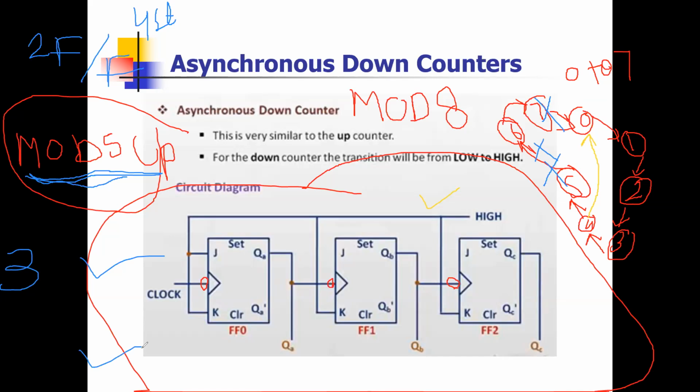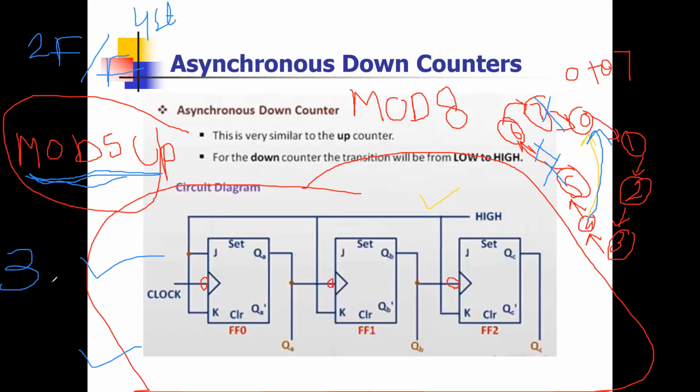Till 4 it works normally, and after 4 it goes to 0. So do you have anything in the circuit by which you can make it 0? The reset. Yes, very good. Reset.